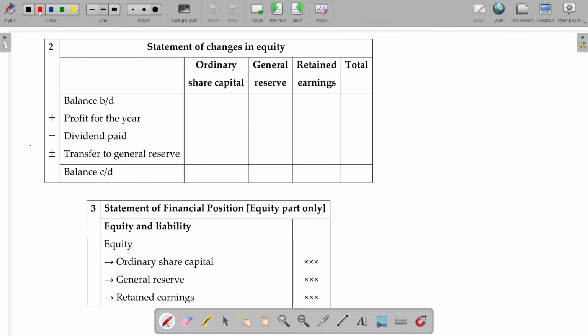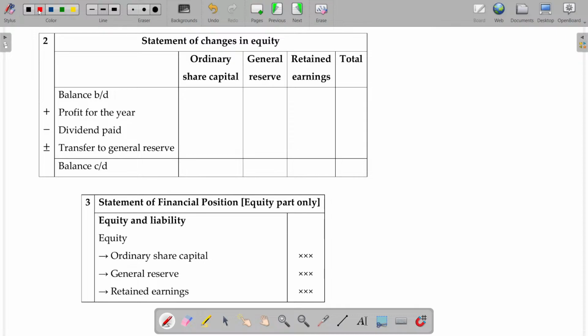Now, equity shareholders might have invested money, which will be named as ordinary share capital. Every year they earn a profit. Out of the profit, they may keep some aside for future requirement, that is called general reserve. 1000 rupees is the ordinary share capital.